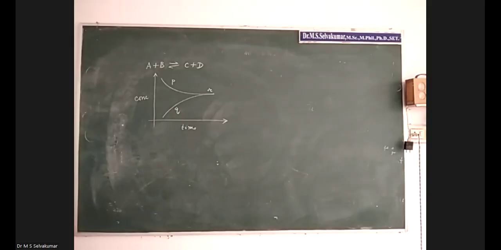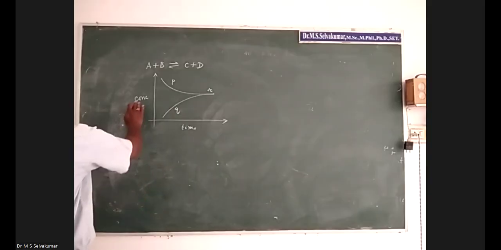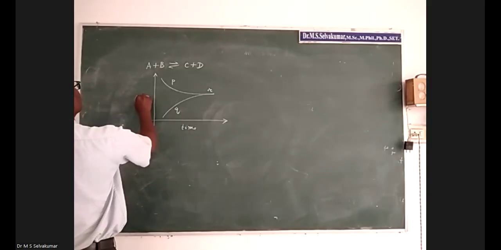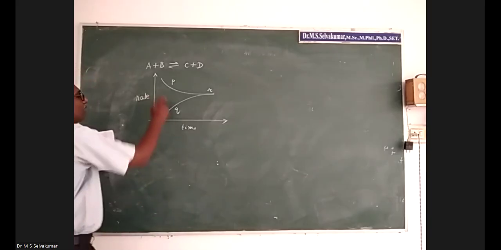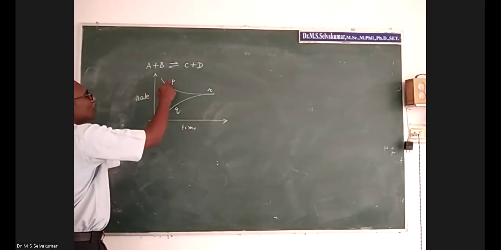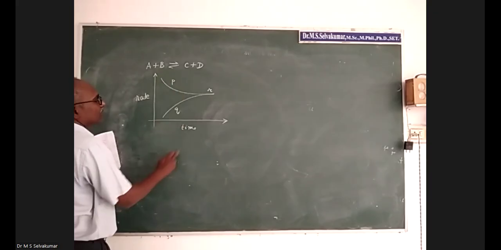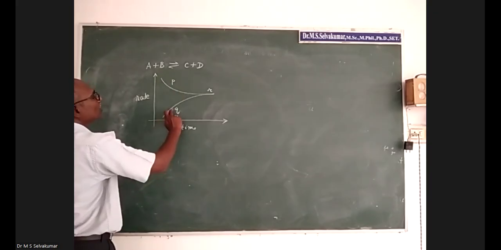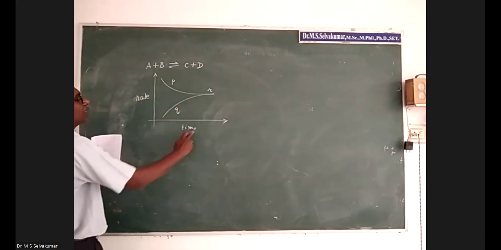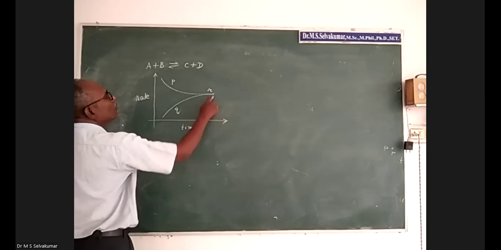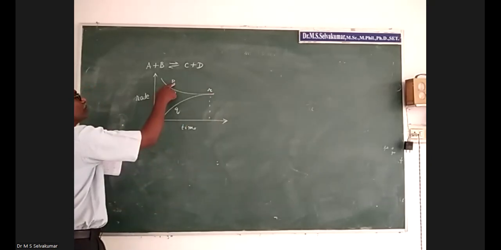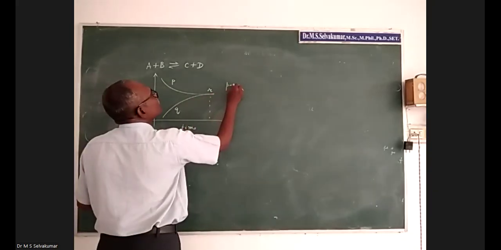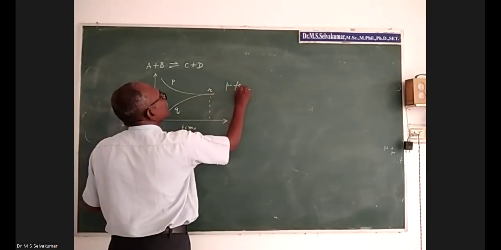So P is not a concentration. Let me say this is a rate. So rate versus time. So P, as time goes on, the rate goes on decreasing. Q, as time goes on, the rate goes on increasing. And at a particular time, both the rates are equal. So P speaks about forward reaction.